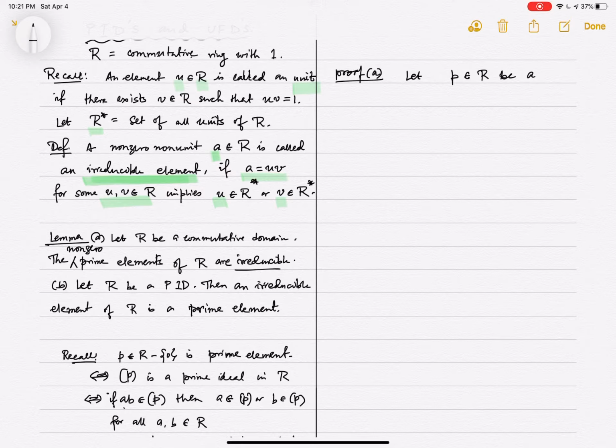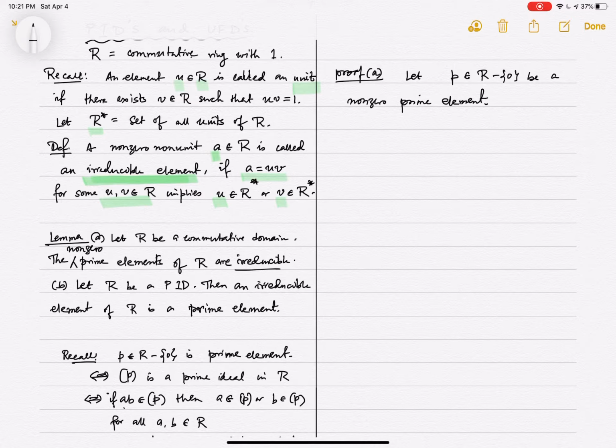The 0 element is prime, we saw, if and only if R is a domain. So P is a non-zero prime, and I want to show that it's irreducible.